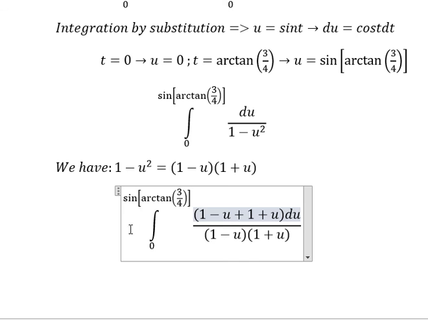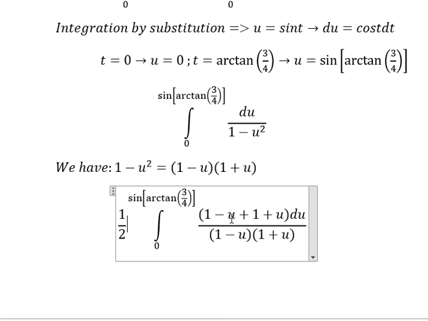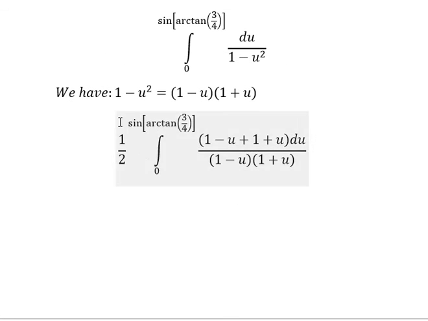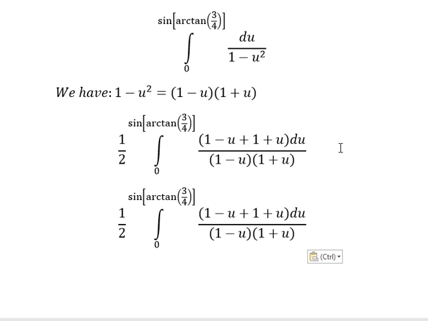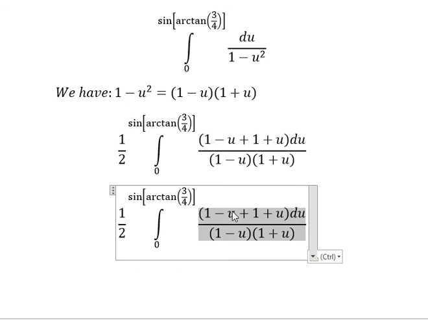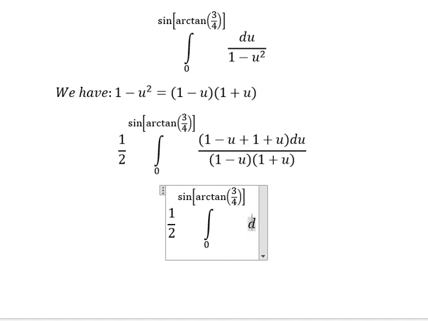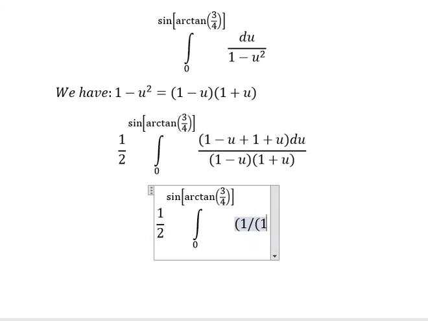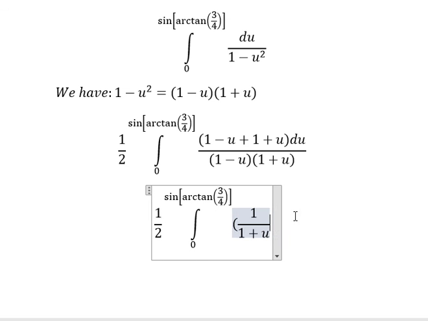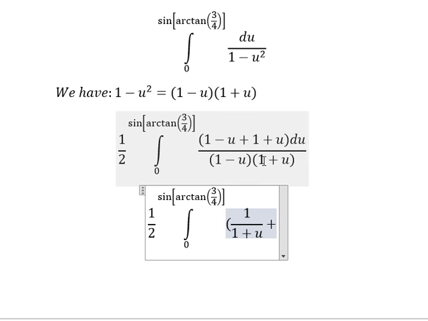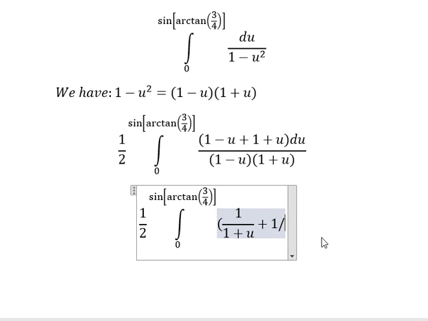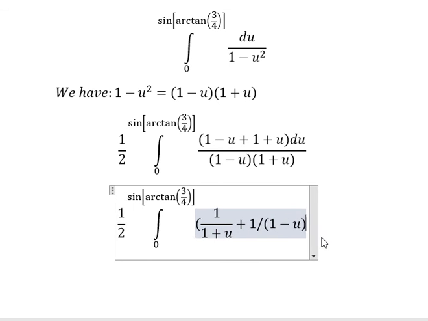Because we have number 2, outside the integral we have 1/2. Negative u with u they will eliminate. Now we can separate them. 1 minus u divided by 1 minus u, you get 1 plus u. 1 plus u divided by 1 plus u, you will get 1 over 1 minus u.